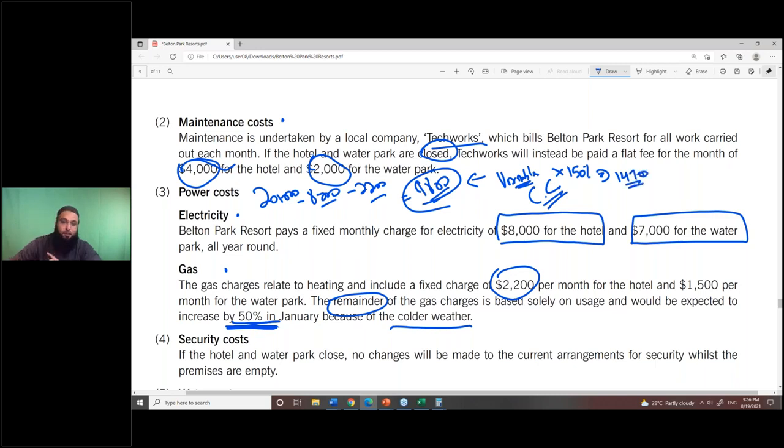So I'll quickly repeat before I move to Excel. 20,000 was the power cost, which included 8,000 fixed electricity cost, just remove it, which further includes 2,200 fixed gas cost. Let's exclude this. You are left with 9,800, the remainder variable cost, and that pertains to gas. This will continue to arise. Not only continue, but this will increase because of the cold weather by 50% more to make it 14,700. So don't think I have to consider only the 50%. No, complete 150%, just because it's totally a variable cost.